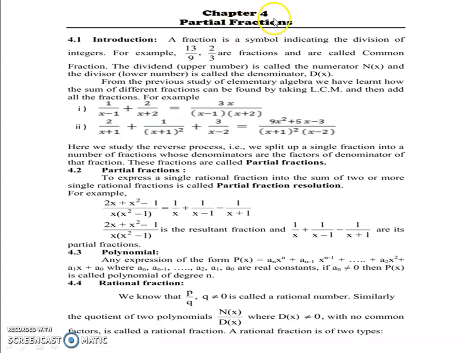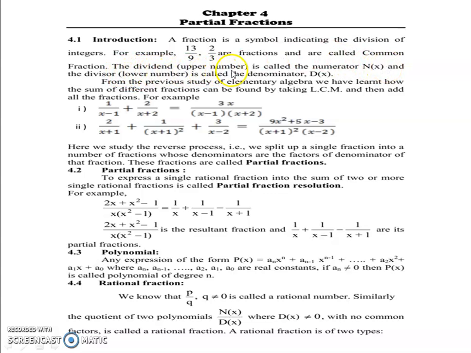So I give the chapter 4 partial fraction mathematical definition. A fraction is a symbol indicating the division of integers. For example, 13 upon 9 and 2 upon 3 are fractions. Obviously 13 upon 9 and 2 upon 3 are non-zero numbers, positive fractions, and are called common fractions.